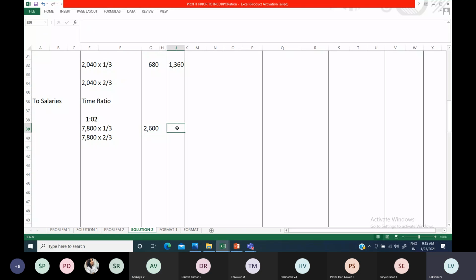So similarly for the post column, 7,800 into 2 divided by 3. You can also subtract 2,600 from 7,800, and we'll be getting the answer, 5,200.